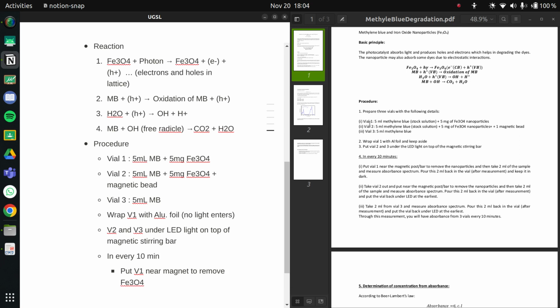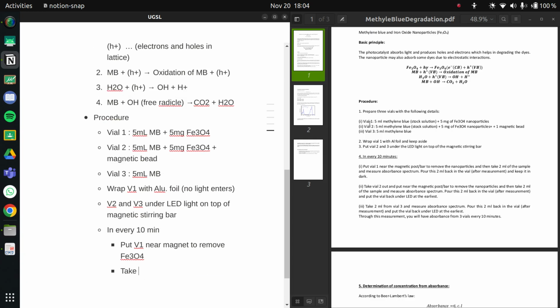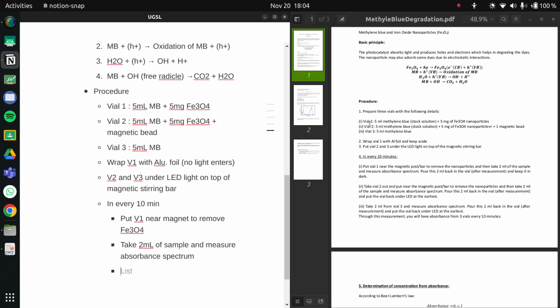Take 2 ml of the sample and measure absorbance spectrum. Put sample back.